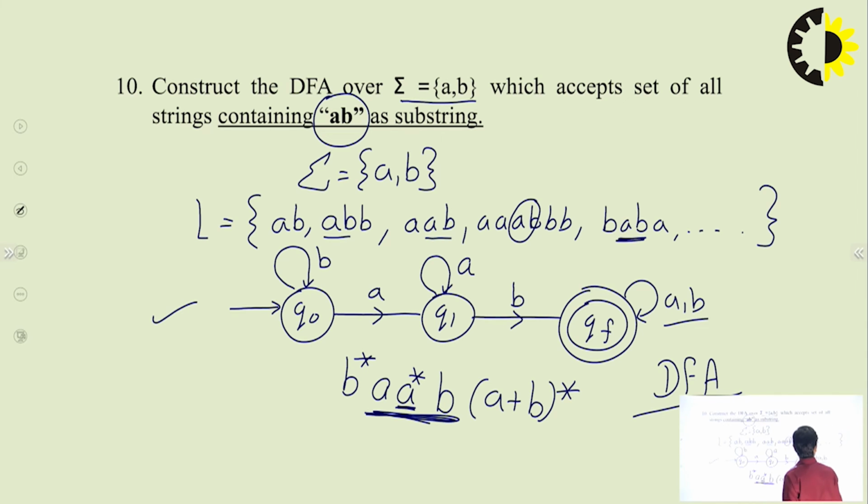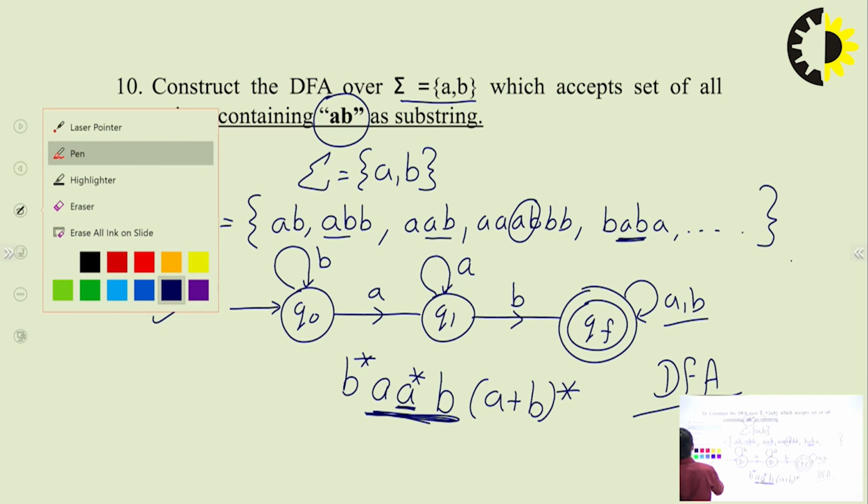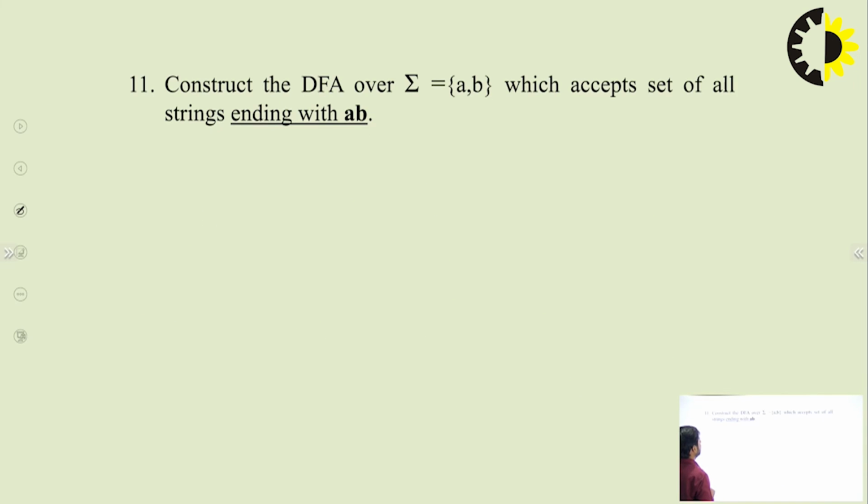See the next example. Now construct the DFA over sigma equal to A comma B which accepts the set of all strings ending with AB.